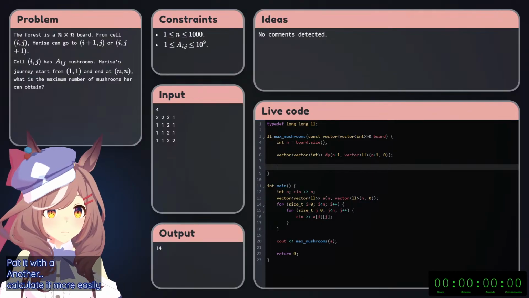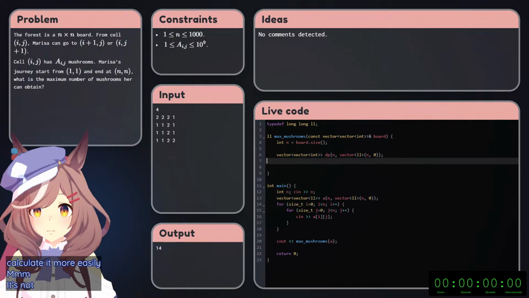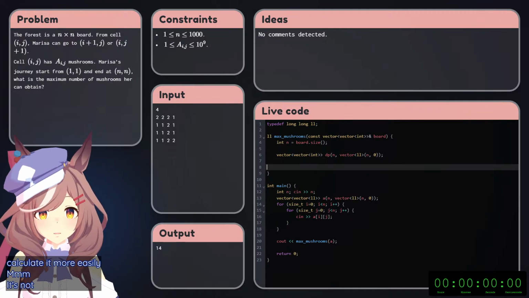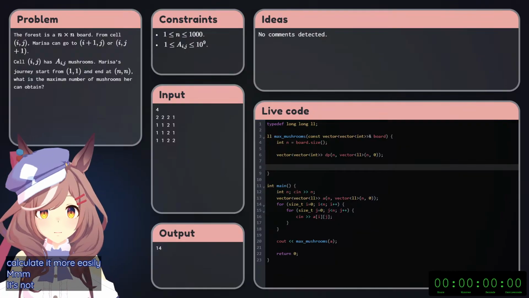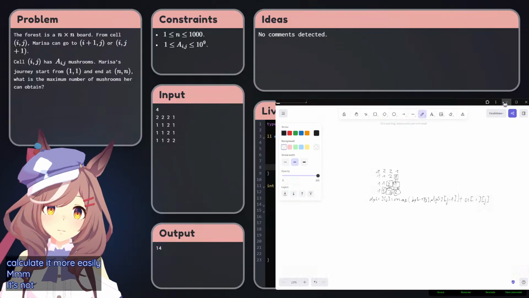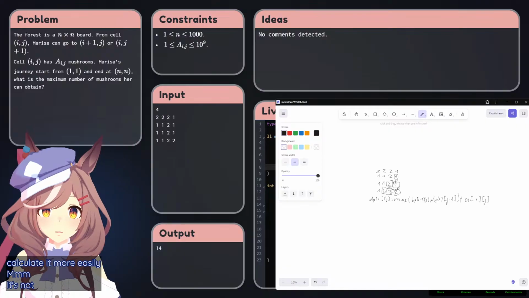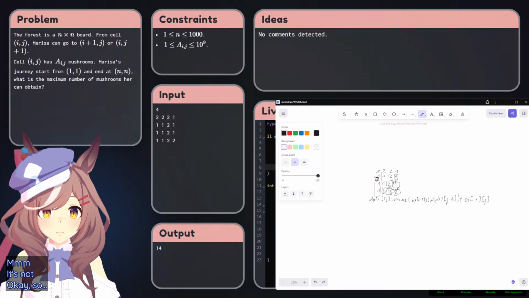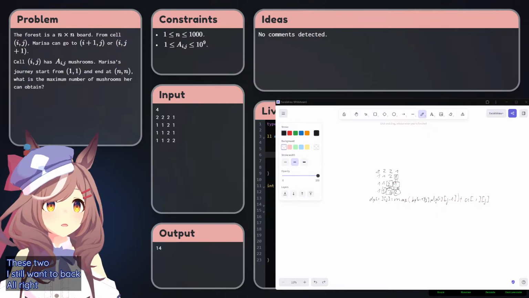Actually, let's not. For these two, okay, I still want to pad the array.